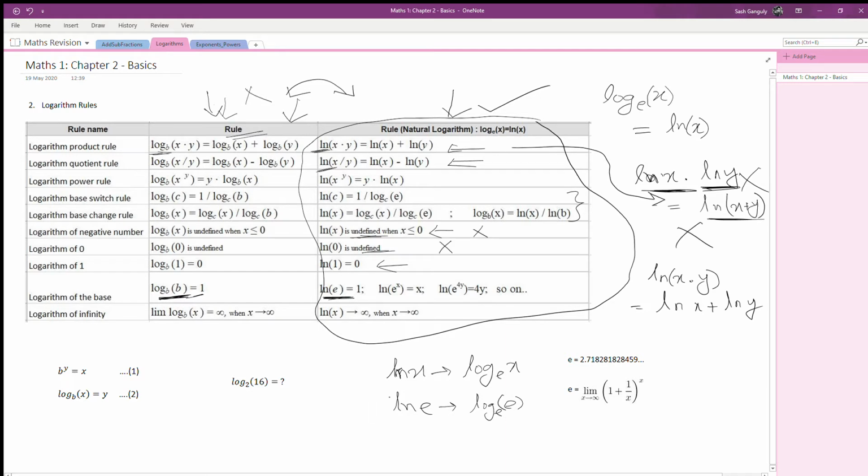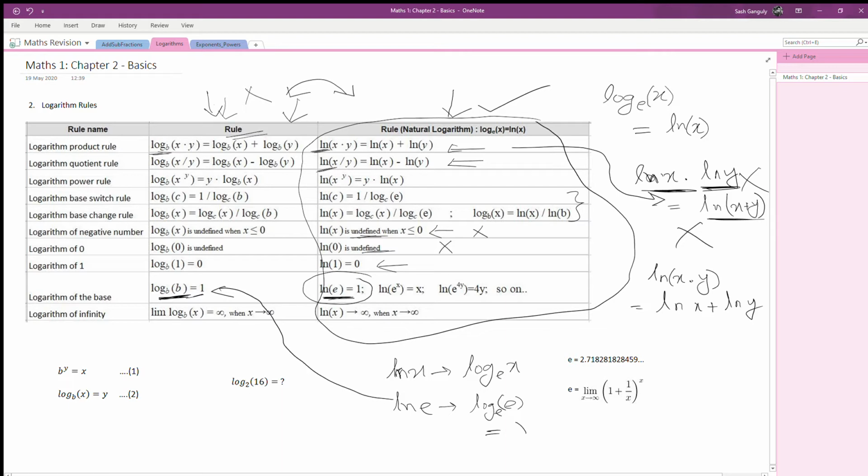If I compare this with the generic rule, that makes sense: log base b of b is equal to 1. Hence you get this part over here: ln of e is equal to 1.